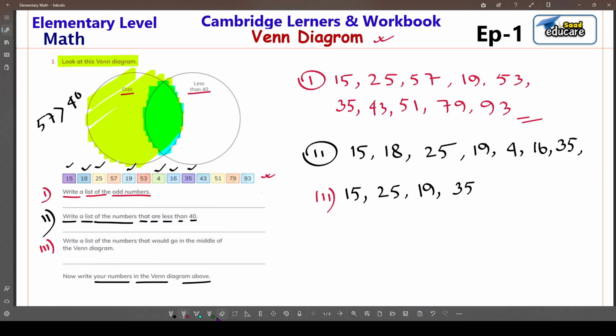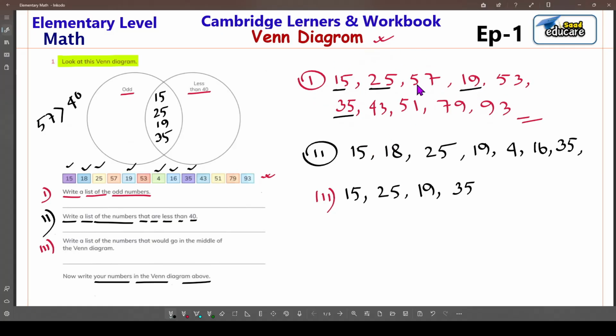Okay, so now we will write. So first we write in the middle portion 15, then 25, then 19, then 35, which are less than 40 and also odd numbers. Now, for the odd numbers, we already wrote 15, 25, then 19 and then 35.